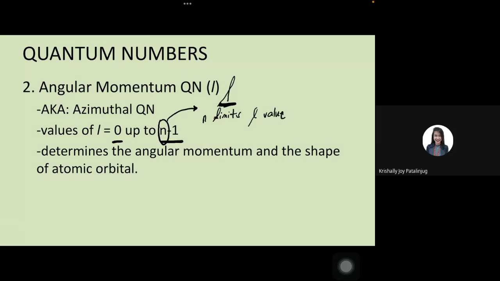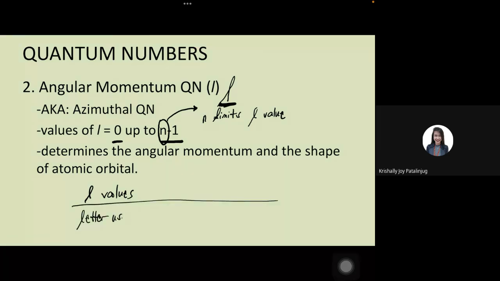And please take note that each L value is designated with a letter. So please take note, the L values have letter designations.